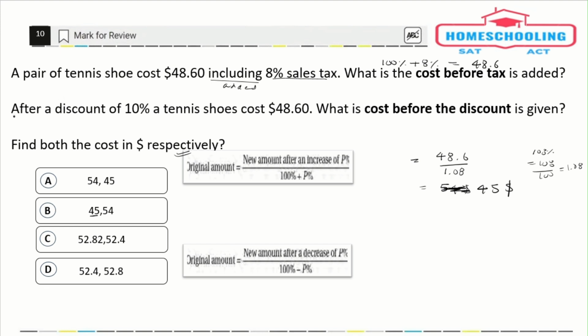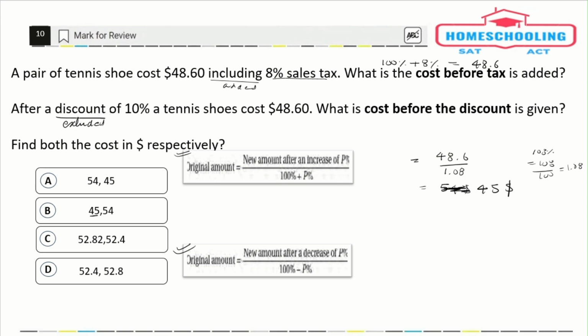Now moving to the second part of the question. After a discount of 10%, a tennis shoe costs $48.60. What is the cost before the discount? So if we are giving a discount or anything is excluded, we will use this formula to find the original amount. If something is added, then we will use 100 plus p%.